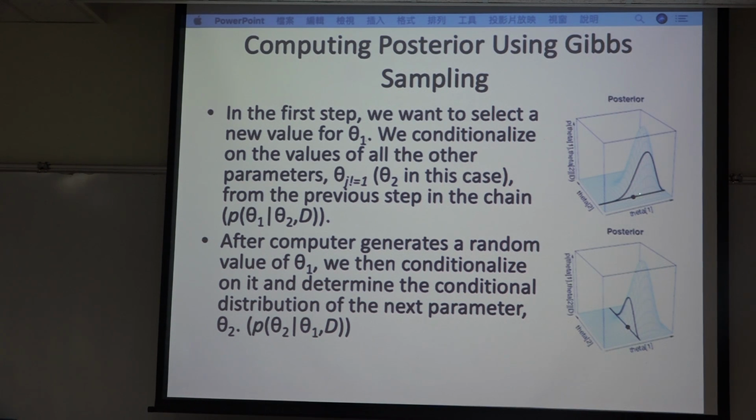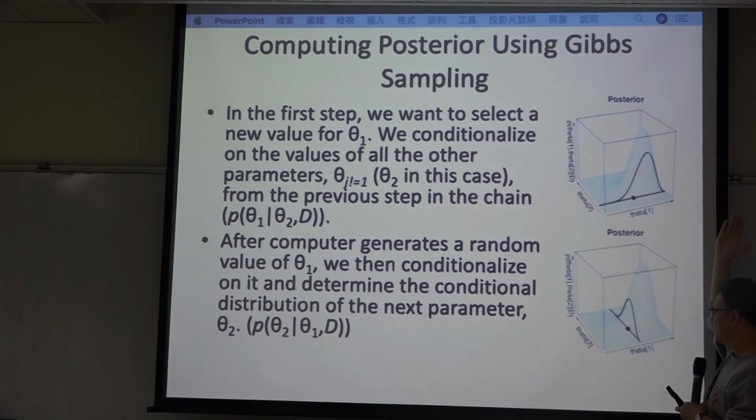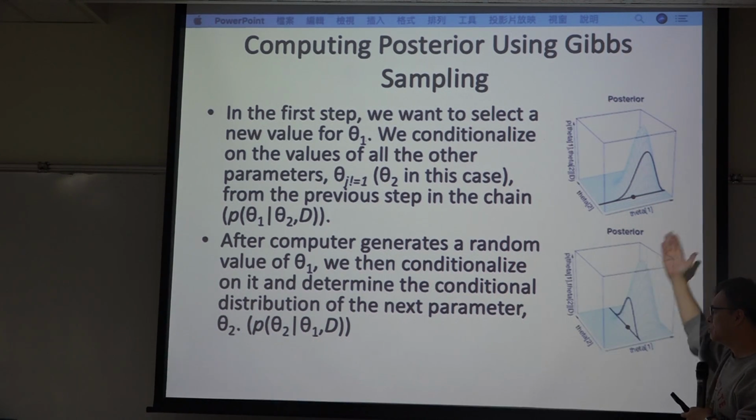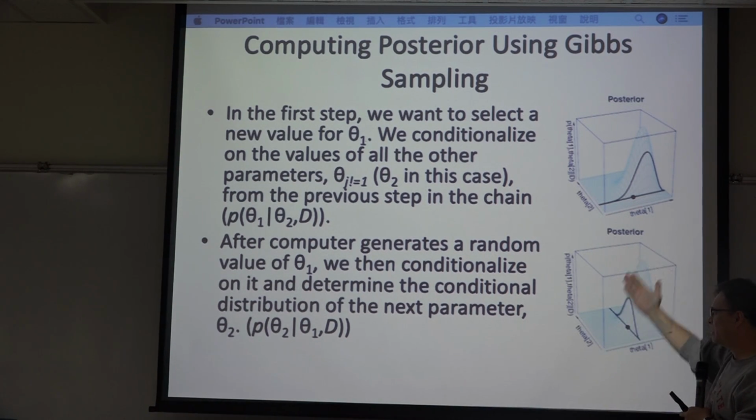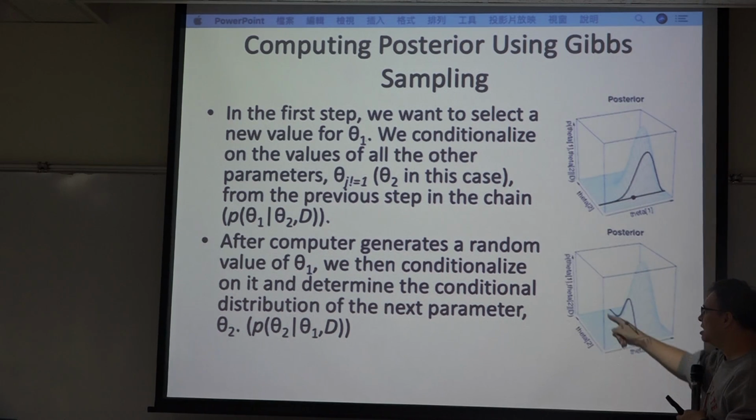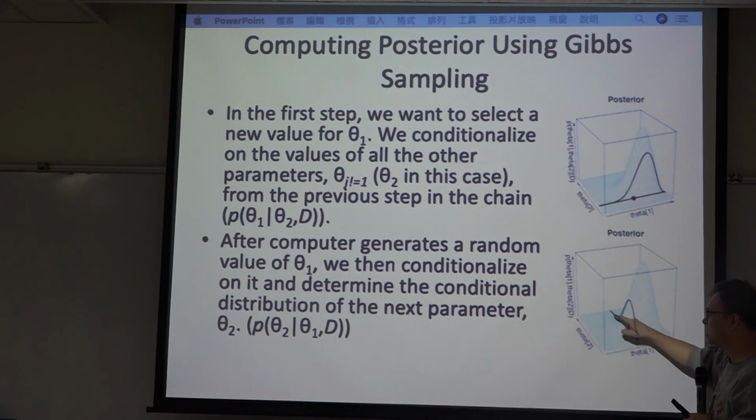Say it's here. So theta 2 is unchanged, but you move to here. And then in the next round, theta 1 is unchanged. Then it's kind of like you cut it with theta 1 equal to this value, a plane like this, and you get another curve like this.